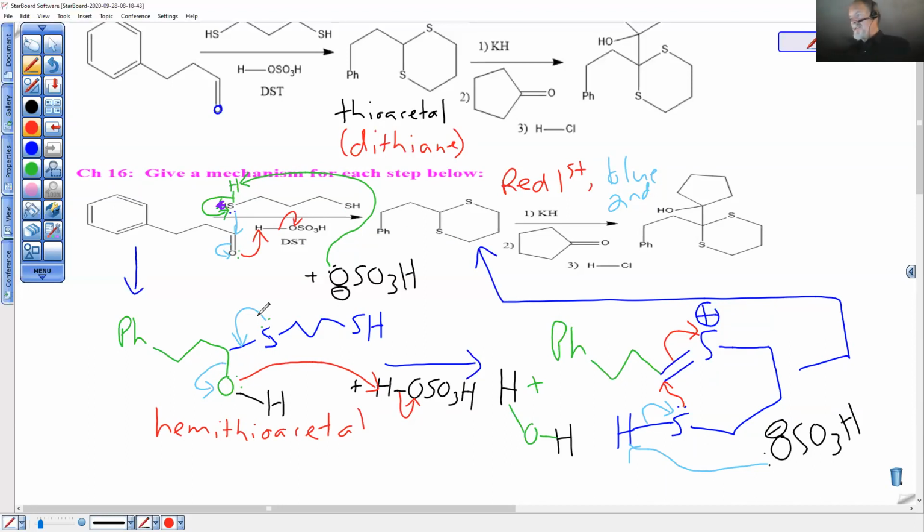And in this last step here, we're using a strong base, because if you generate a thioacetal and the carbon, the thioacetal carbon, still has an H, that was one of our new pKa's, and we saw it was 30.